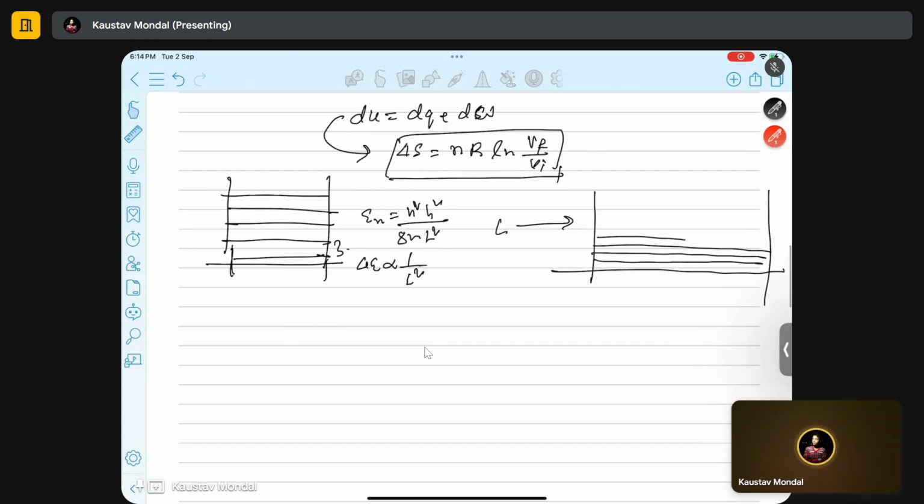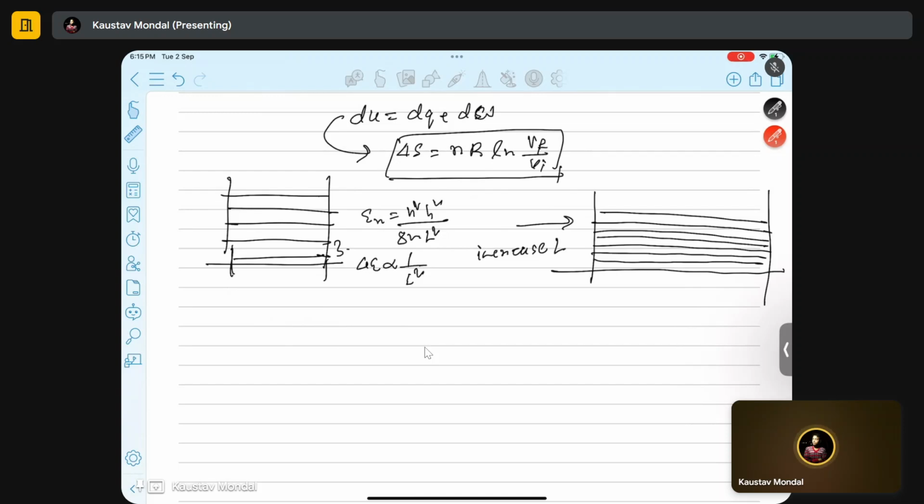So the particle gets many more energy states, which means the particle has access to much more configuration compared to the previous case. So the entropy of the system will also increase, right? This is what we have discussed, and we have also done several numerical problems regarding this concept.